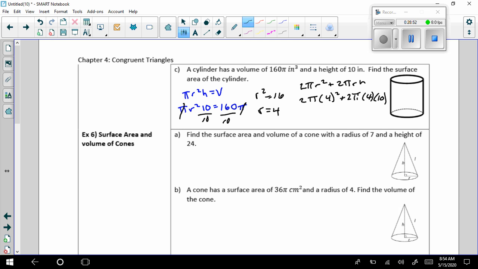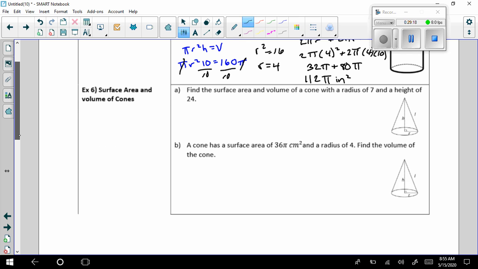We have to just essentially work this out. I'm going to leave it in terms of pi. That's 32 pi plus 80 pi. Treat pi like a variable here. So 112 pi. And that's inches squared.